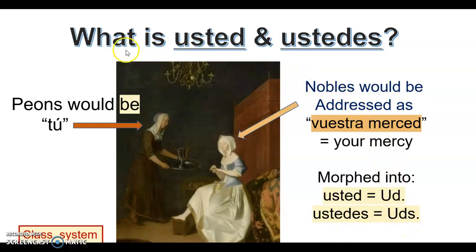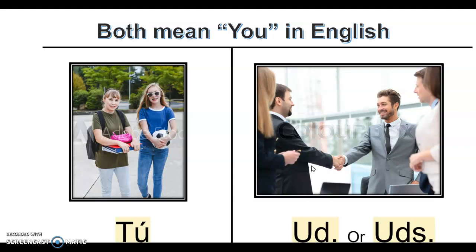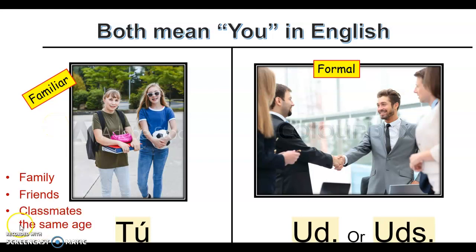So now, when do we use this? Because we don't have a class system anymore. They both mean you in English, and you would use tú when you're talking to friends or somebody that you're familiar with. And you would use usted when you're introduced formally in a formal setting until somebody tells you you can speak to me in tú. So you use tú with your family, friends, classmates, the same age.